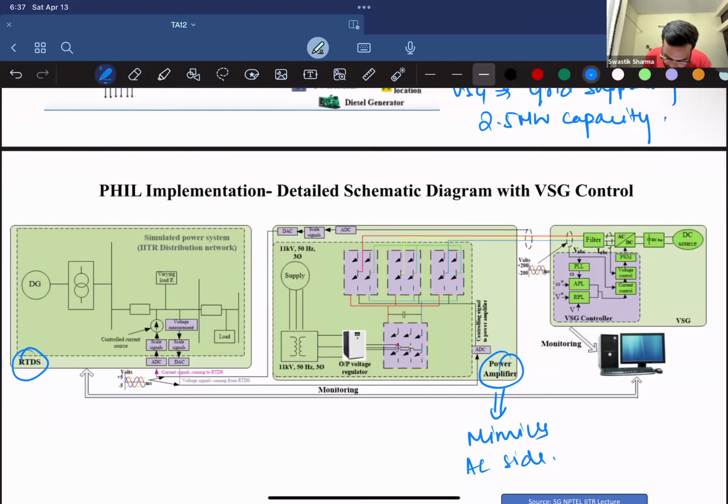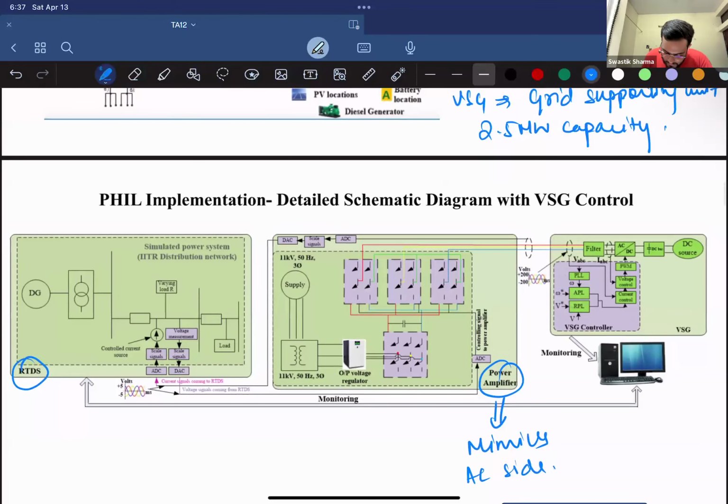The active power loop takes in the frequency and reference frequency, and the reactive power loop takes in the reference voltage. We all know why, because of the correlation between reactive power and voltage, and active power and frequency. After that, I won't go into detail, but they have these three control algorithms.